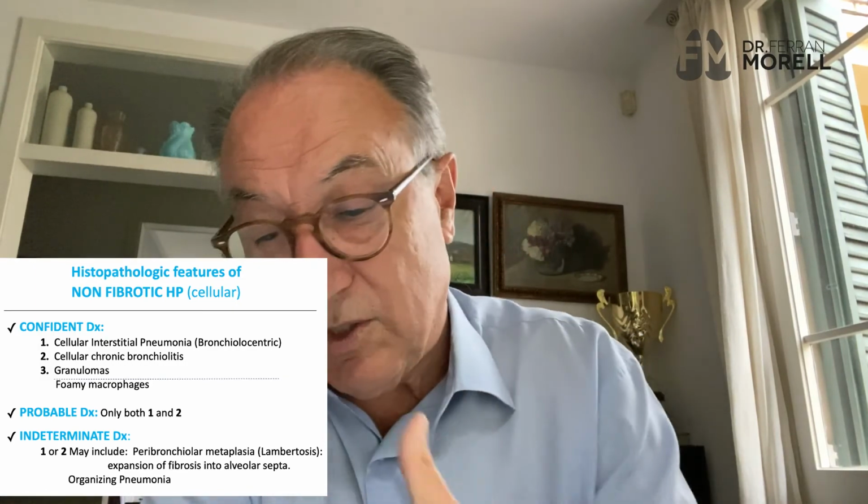Sometimes in the biopsy you can find peribronchial metaplasia, which is not pathognomonic of this disease, but if you find it, it is something in favor, as is expansion of fibrosis inside the alveolar septa, or foci of organizing pneumonia. All of it helps to diagnose. In the fibrotic form, the typical finding is subpleural fibrosis, and also centriacinar fibrosis with or without bridging to the septa.